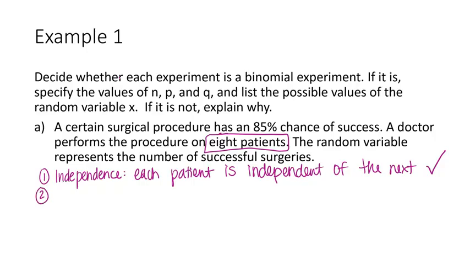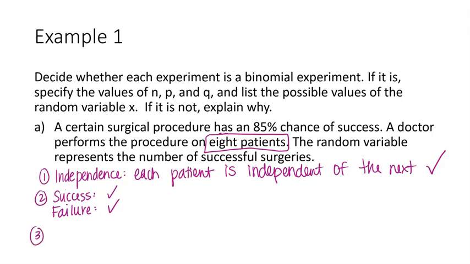Well, no, let me back up. Independent trials. The second thing was success versus failure. Yes, I can have a success. I do have a failure. It either works or it doesn't.